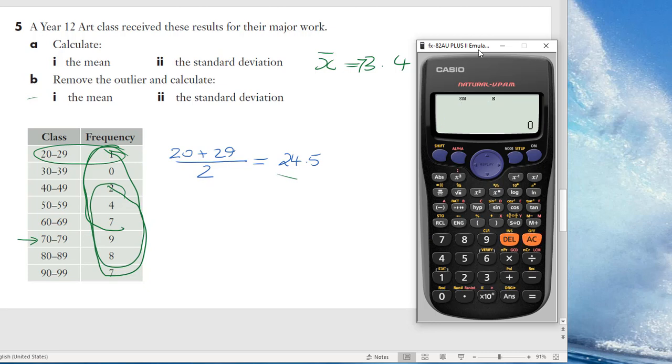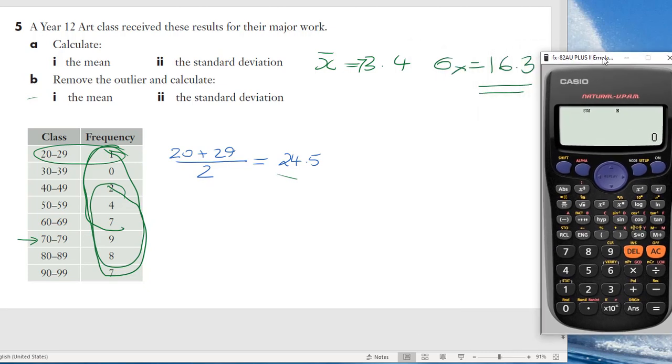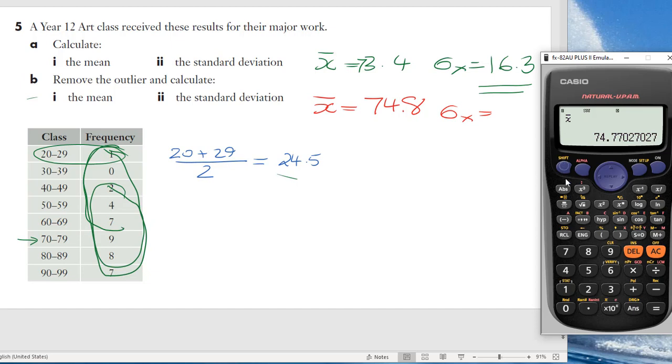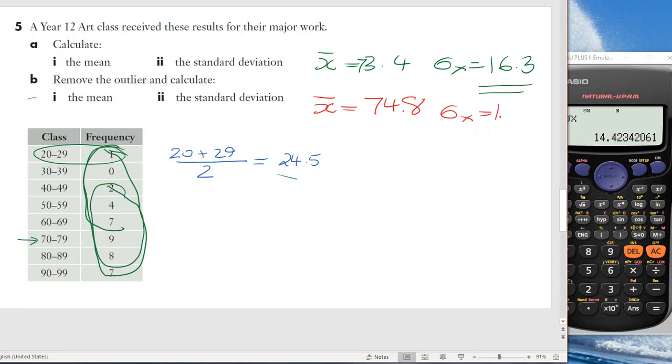Enter out. Okay, I'll just bring it across to here. Shift 1, 4, 2. Now our average has increased up to 74.5. Sorry, 74.8. And the standard deviation, Shift 1, 4, 3, has reduced to 14.4 as expected.